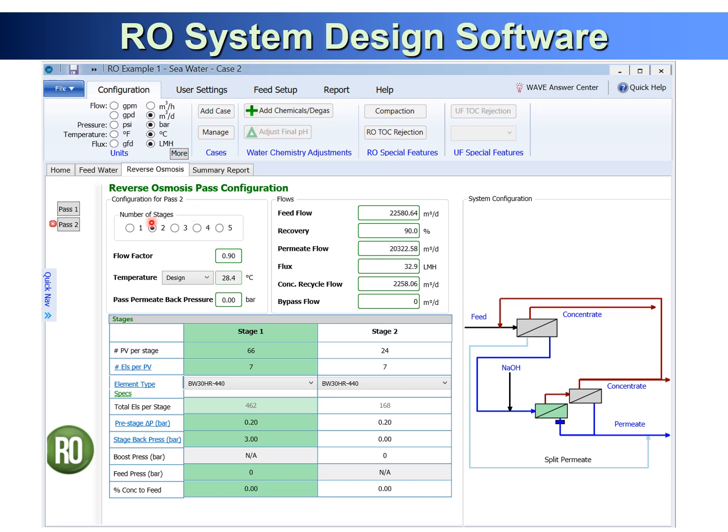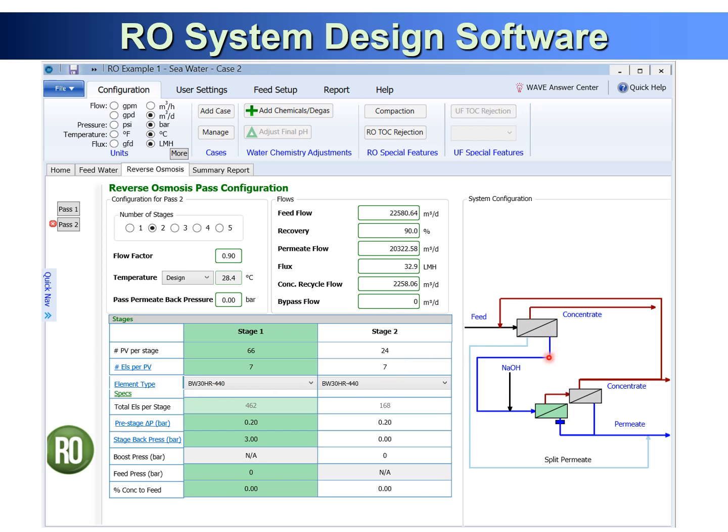So for pass 2, this is the number of stages. We want to use 2 stages for pass 2. This is pass 1, which we already designed. This is pass 2, and then we can also set a different flow rate, concentration, how much bypass concentrate flow has to go to the feed water, how many stages, number of pressure vessels, number of elements per pressure vessel, and membrane type.